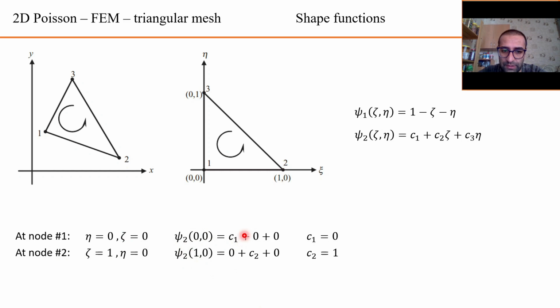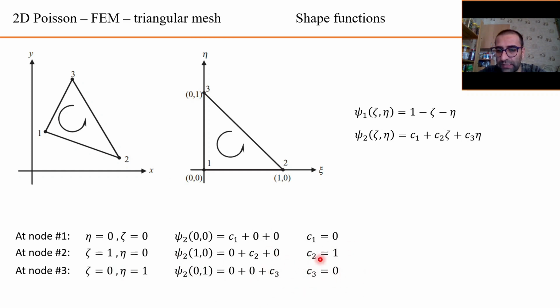Putting 1 here, 0 that we found, c2 times 1 plus 0, c2 will be 1. And at this point, this shape function again should be 0. Therefore, we get 0 for the third coefficient. Therefore, the second shape function is just putting these coefficients here. We can see that the second shape function is just zeta.